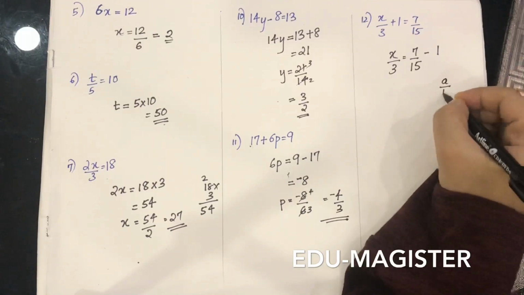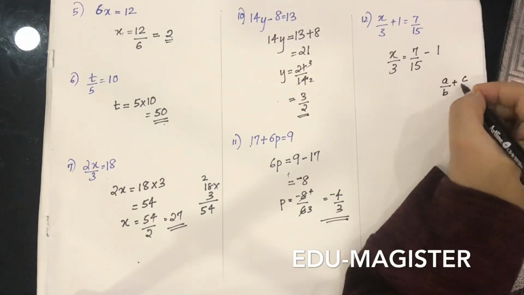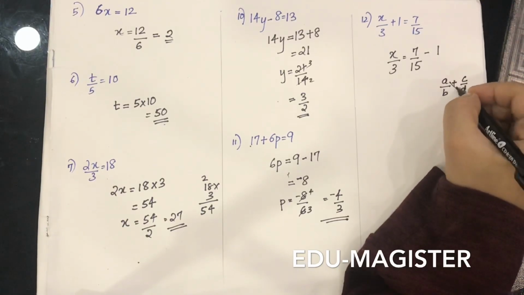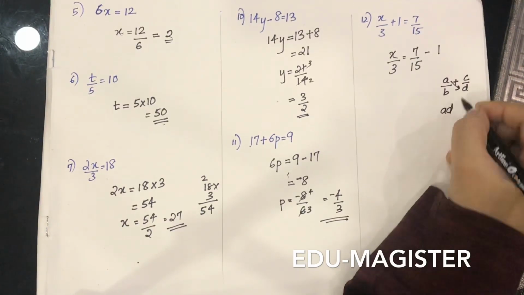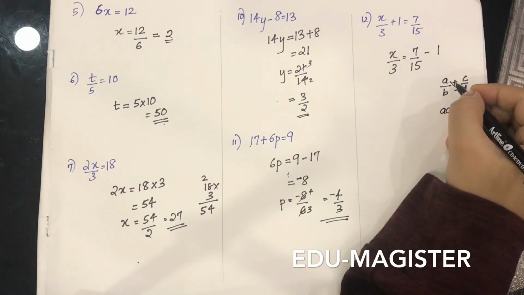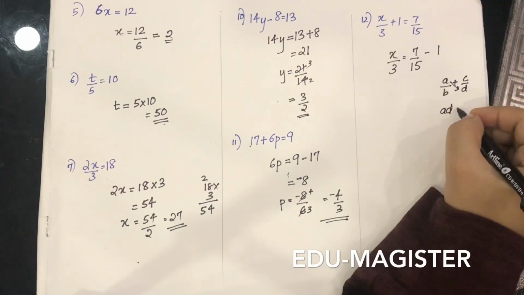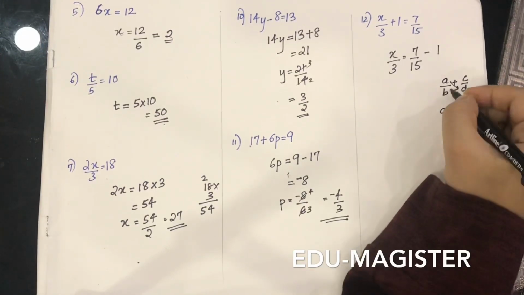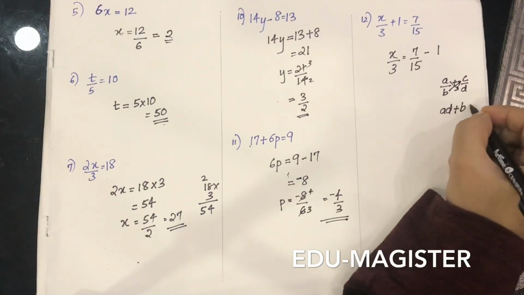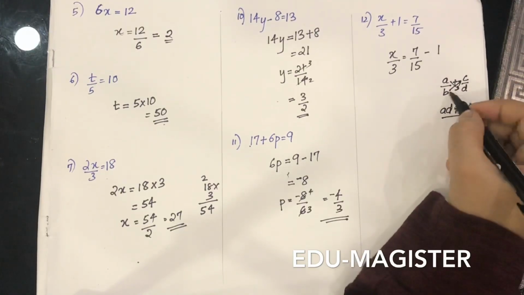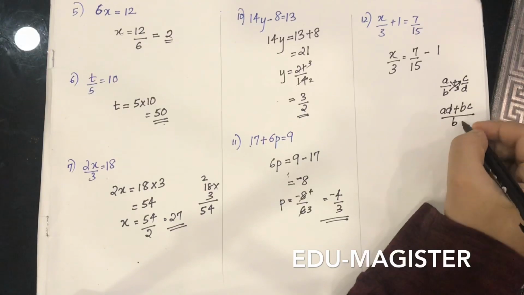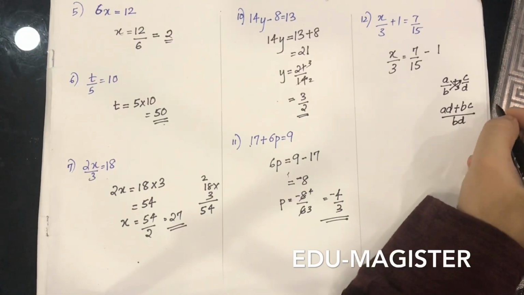If it is a by b plus c by d, you can do cross multiplication, which is a into d, the same sign, whether it is plus here or minus here, you write the same sign. So it is plus here, so we write plus b into c, divided by b into d. It may look difficult at first, but when you start practicing it, it becomes easier for you.